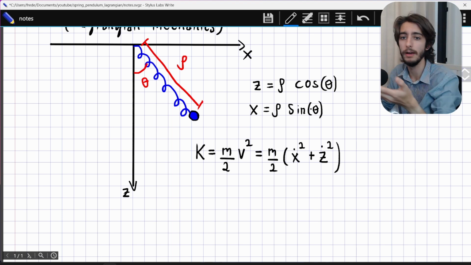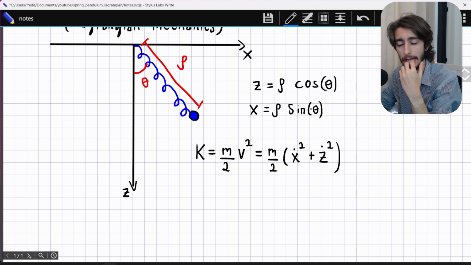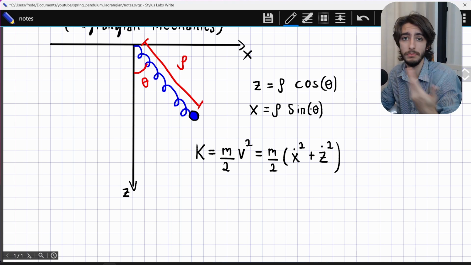The velocity can be decomposed into the velocity in the x-axis and the velocity in the z-axis. I wrote that out here: x dot squared plus z dot squared, where the little dots just mean a derivative with respect to time.